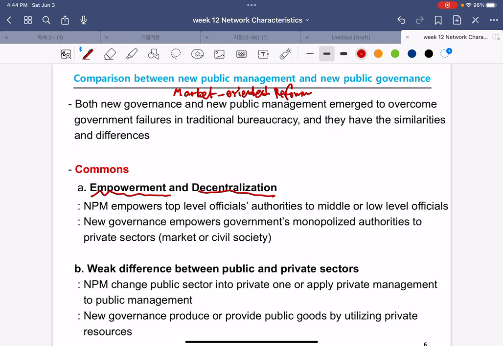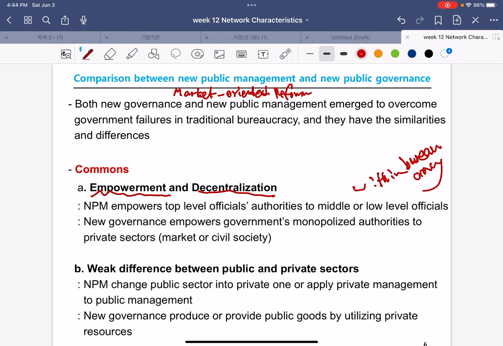NPM empowers top level officials' powers to middle or low level within bureaucracy, right?